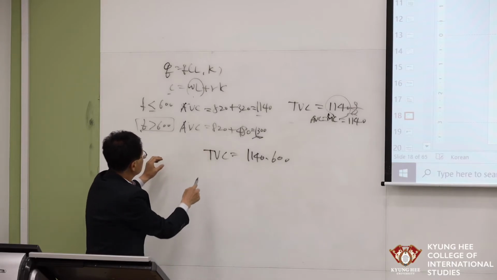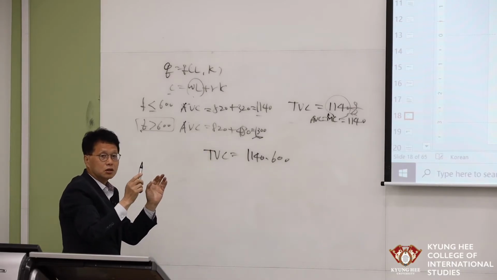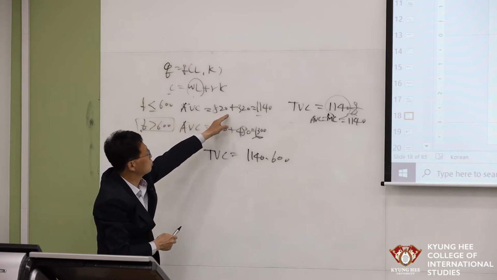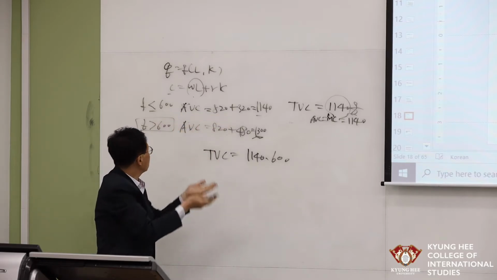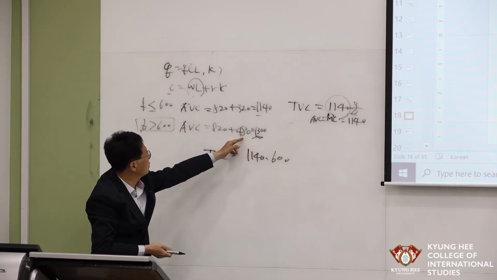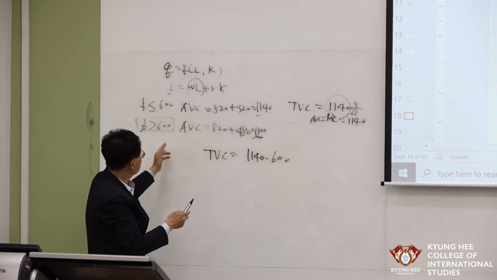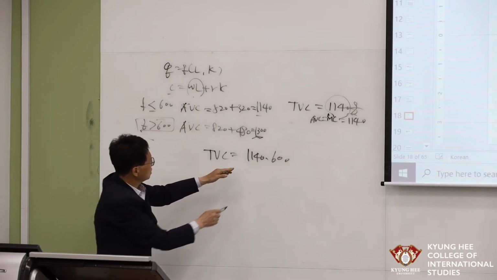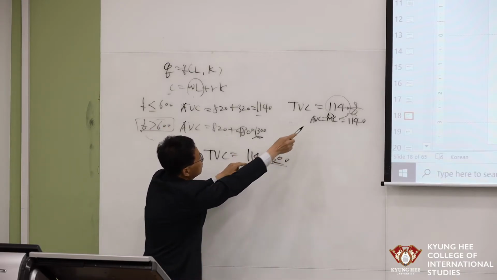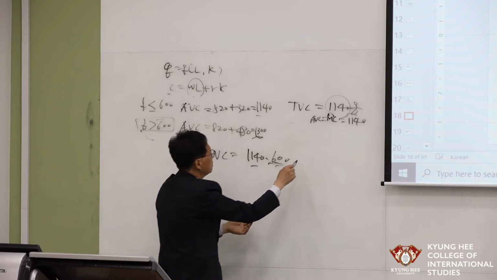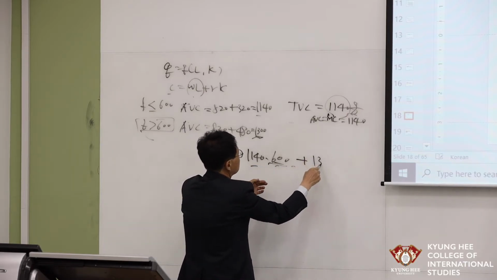This means total variable cost consists of two parts. First part is following this rule, right? Q equal or higher than 600, then following this rule. So up to 600, total variable cost is this. And the remaining production is this one.